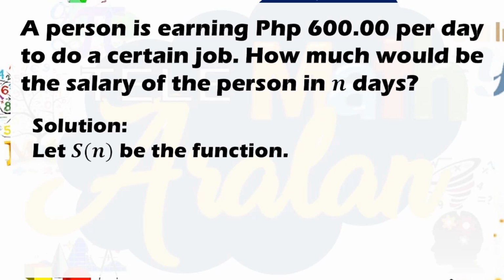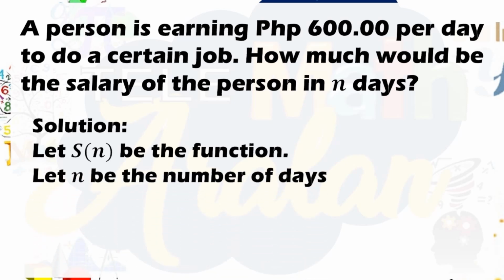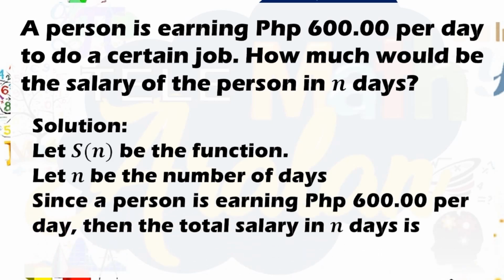S stands for the salary of the person. Let n be the number of days. Since the person is earning 600 pesos per day, then the total salary in n days is S(n) = 600n.